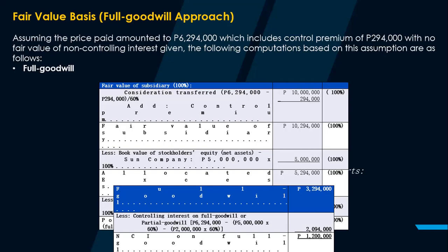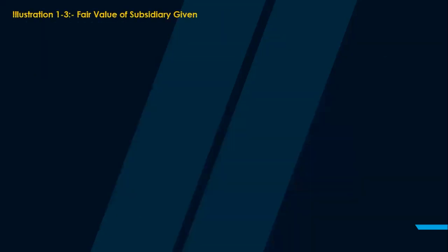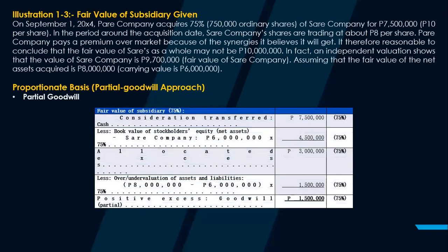So we have now the full goodwill of 5,294,000. We have now 3,294,000. We deduct the share of the controlling interest equal to 2,094,000. Now we have the non-controlling interest, full goodwill in the amount of 1.2 million.